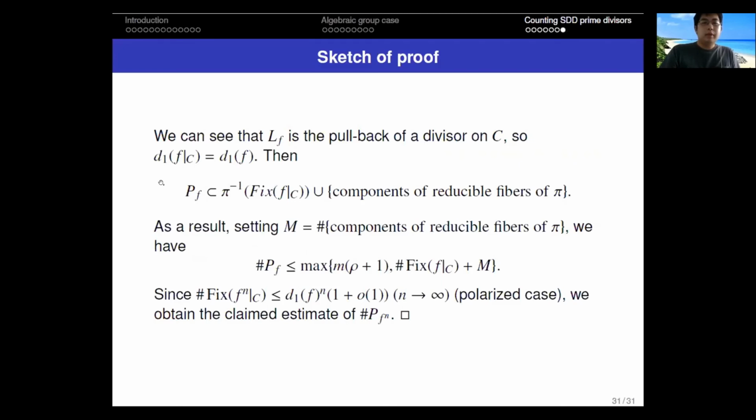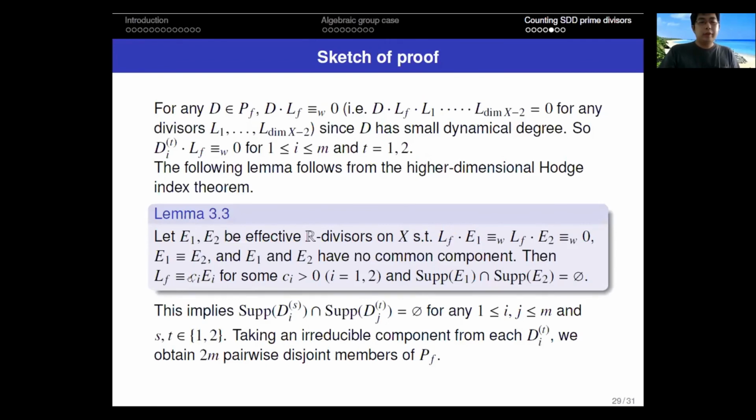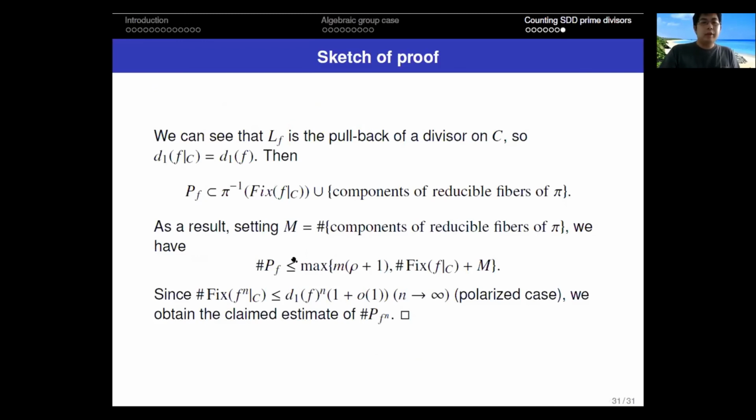Some of DI are coming from the pullback of C, and LF is numerically equivalent to each D. So we can see that LF is the pullback of a divisor on C. So LF is an eigenvector with eigenvalue D1 of F. So the D1 of F restricted to C is also equal to D1F.